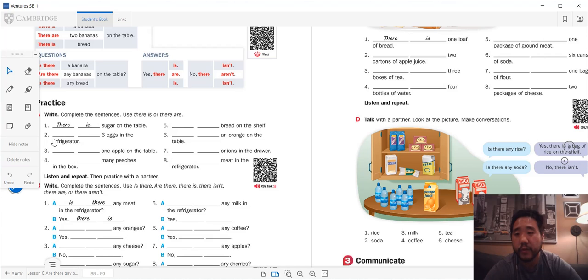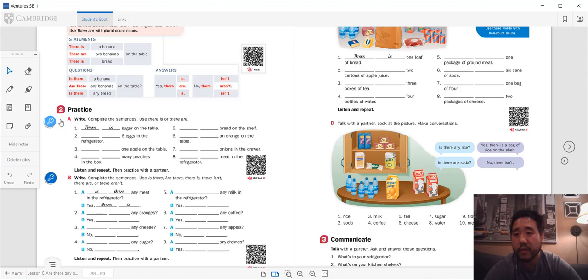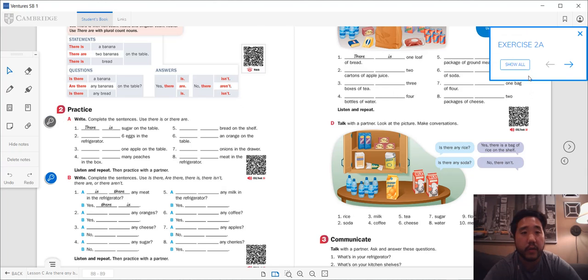Number 2, blank blank 6 eggs in the refrigerator.